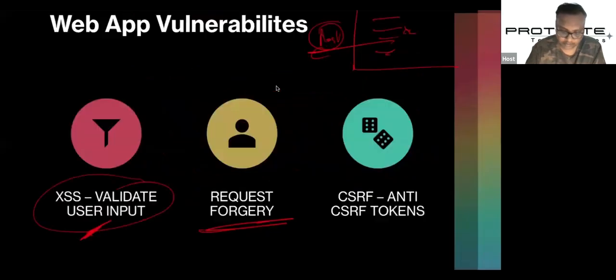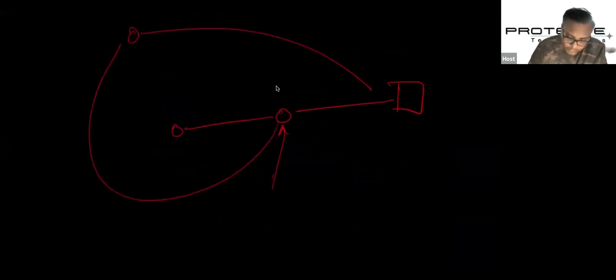Such attacks are called request forgery attacks, and they are carried out using tokens, like the token the bank issued us, which I stole and presented to the server.